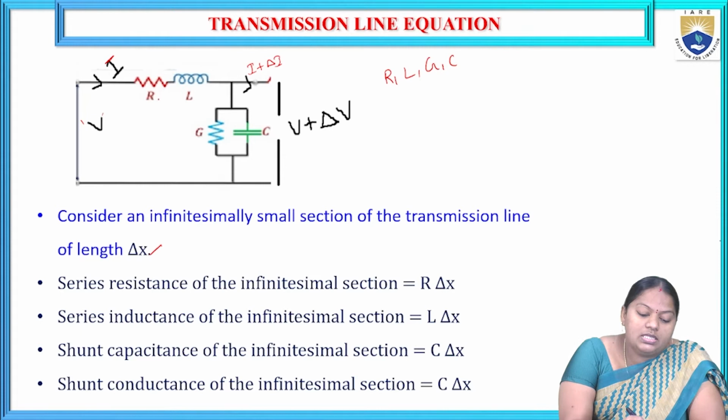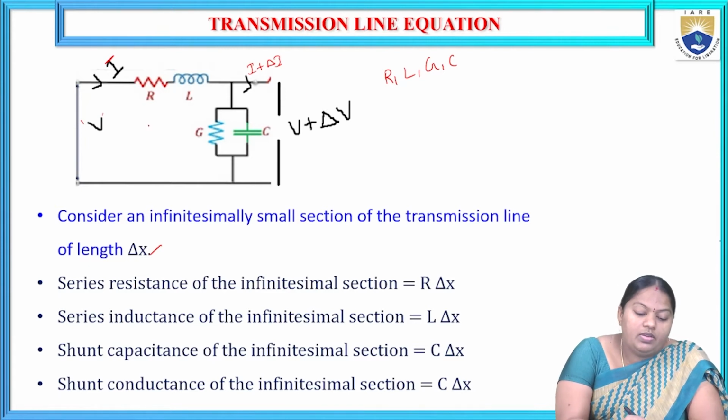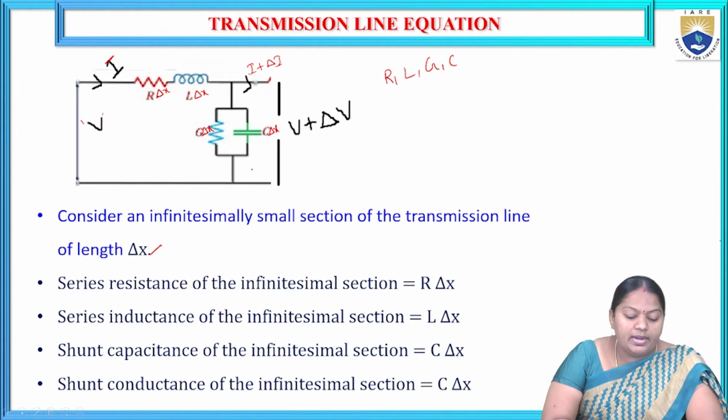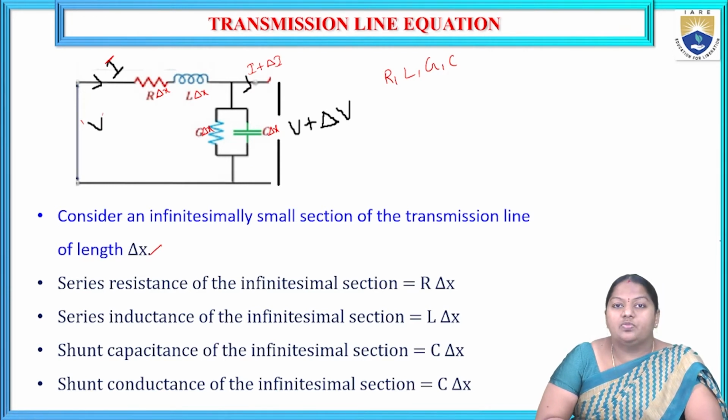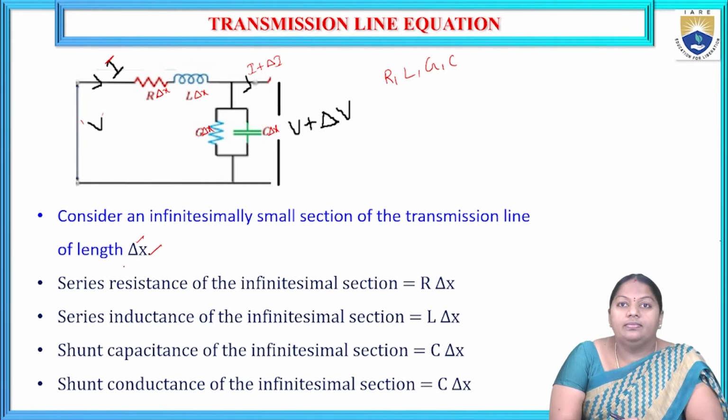To write the transmission line equation, we will consider all the fundamental primary constants as R into delta x, L into delta x, G into delta x along with C into delta x, where delta x is the length of the transmission line, and it is very small. Hence we denote it with a small delta, and the length is given by x.